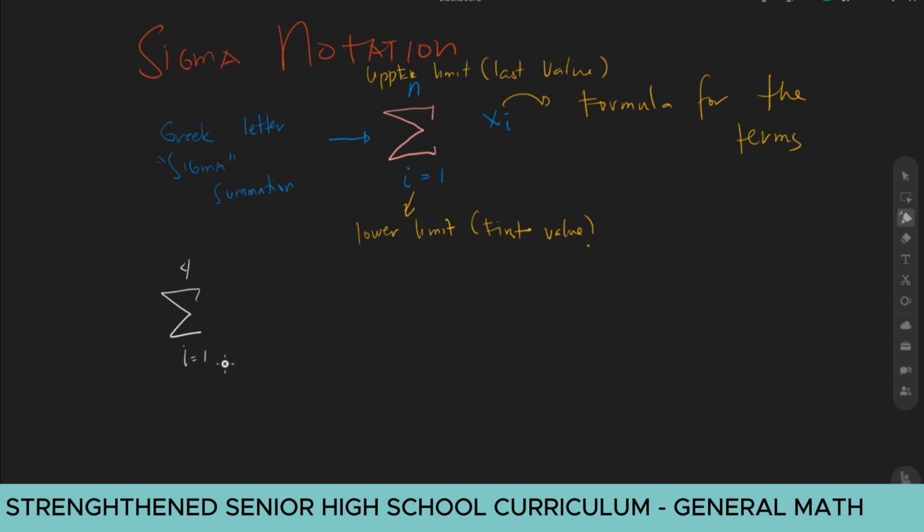And so with that, the sum is 1 plus 2 plus 3 plus 4 equals 10. That's how it works.